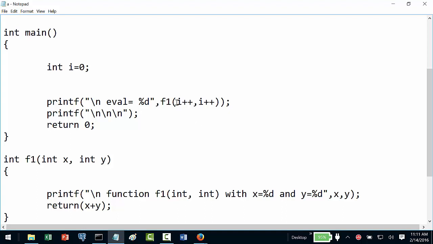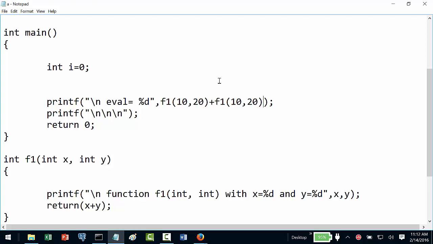So the order of evaluation is actually not guaranteed. But people will try with the trial and error method, then may conclude that maybe GCC works this way, Turbo C works this way, right? But according to me, the order of evaluation in terms of sub-expressions of equal priority is not guaranteed. For example, suppose I have two function calls, f1(10, 20) and one more f1(10, 20).